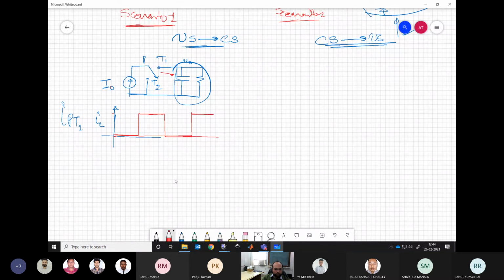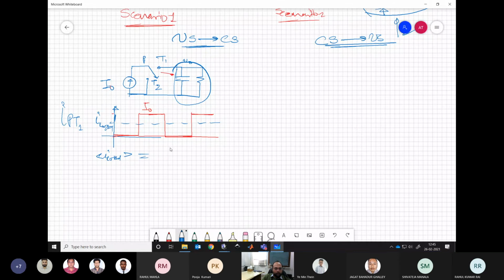So this value here is I naught. On an average, we are applying a different value of current. Now, what is that value of current? Again, similar to what we have seen in the very initial thing, the average value we can compute. Average value of this is I load. Don't confuse IL with inductor here. This is I load.